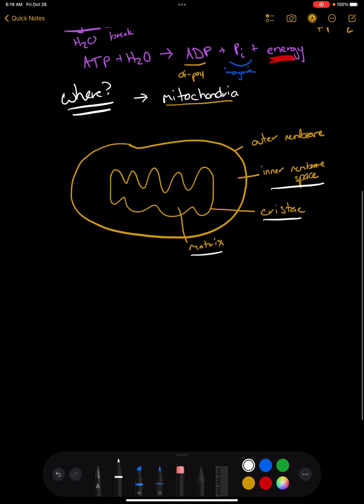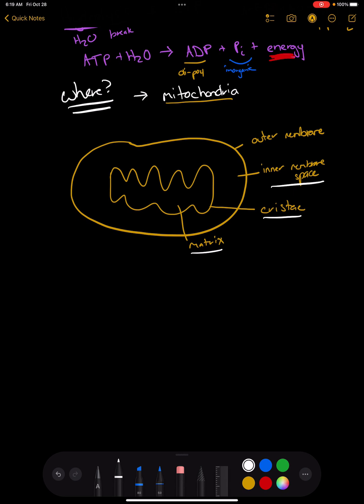Because the thing that's going to make my ATP is an enzyme called ATP synthase. And how do I know it's an enzyme? Because it ends in -ase. So this is an enzyme that makes ATP. Where he is located is in the cristae.